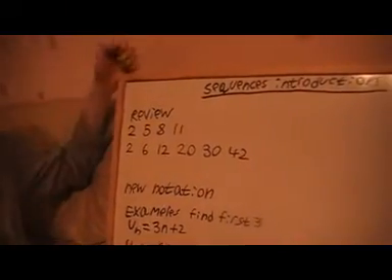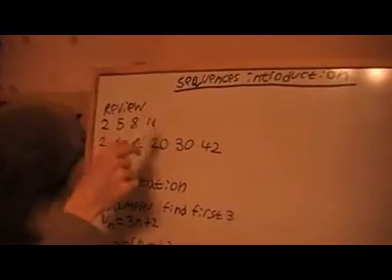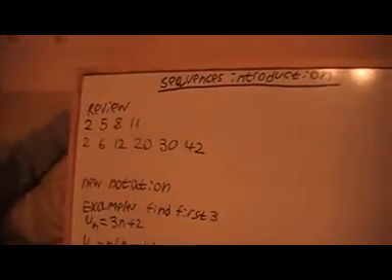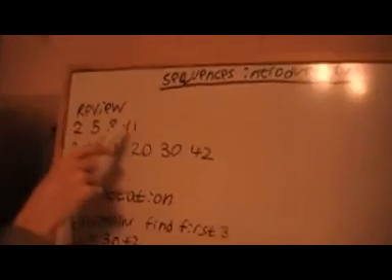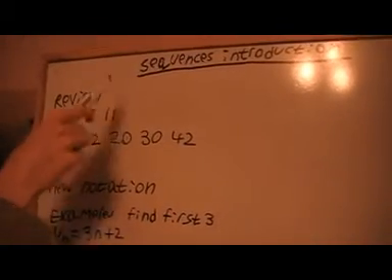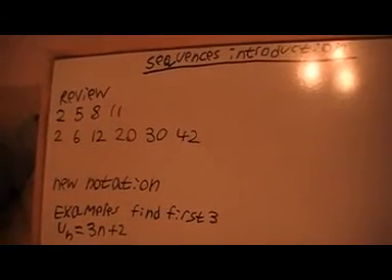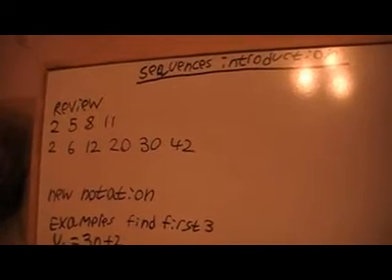For example, when you're doing sequences and series at school, you might have seen this sequence here. You might have had a problem like find the next 3 terms, where you figure out the pattern and write down the next terms, or find the nth term.